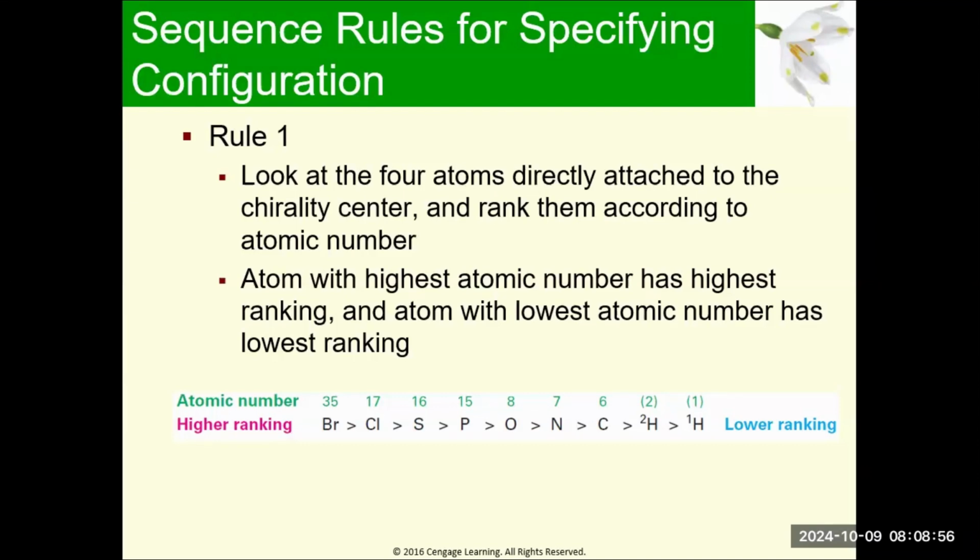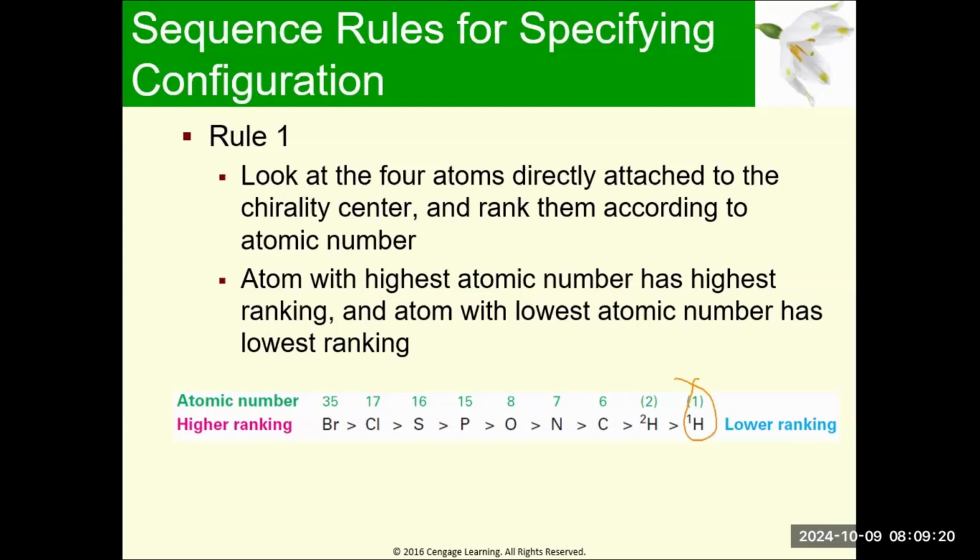All right, so let's look at the rules. Rule 1, look at the first atoms directly attached to the chiral center and rank them according to atomic number. The higher the atomic number, the higher the priority. Atoms with the highest atomic number have the highest ranking, and atoms with the lowest atomic number have the lowest ranking. Hydrogens are always going to have the lowest ranking because hydrogen has the smallest atomic number.